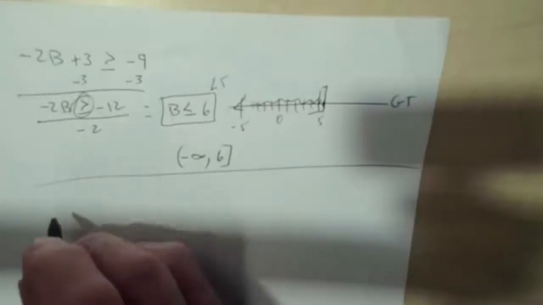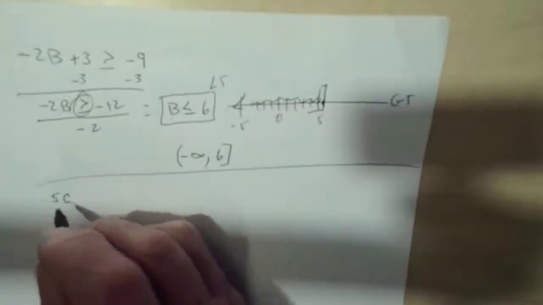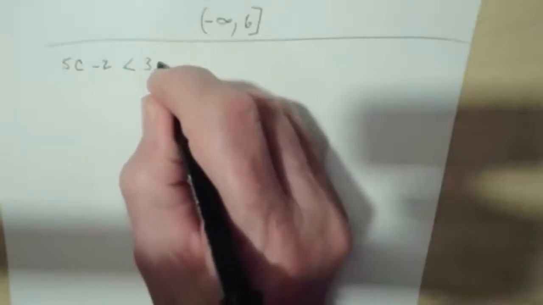Okay. Now this is about as difficult. Well, no, there's one thing that's a little more involved, but really not much. If we have 5c minus 2 less than 3c plus 4. Remember, when you have variables on both sides of the inequality, move the variables first.